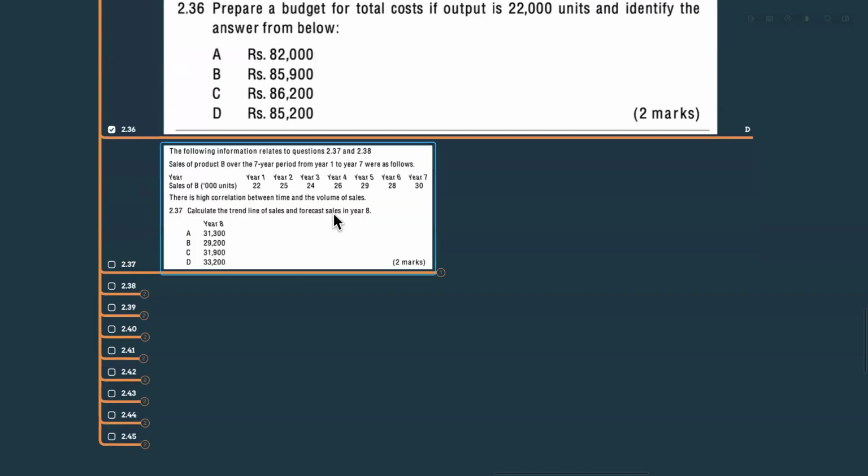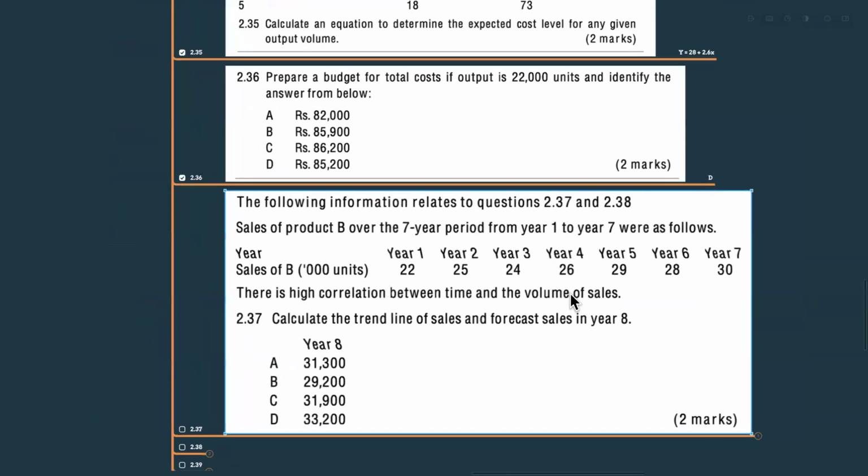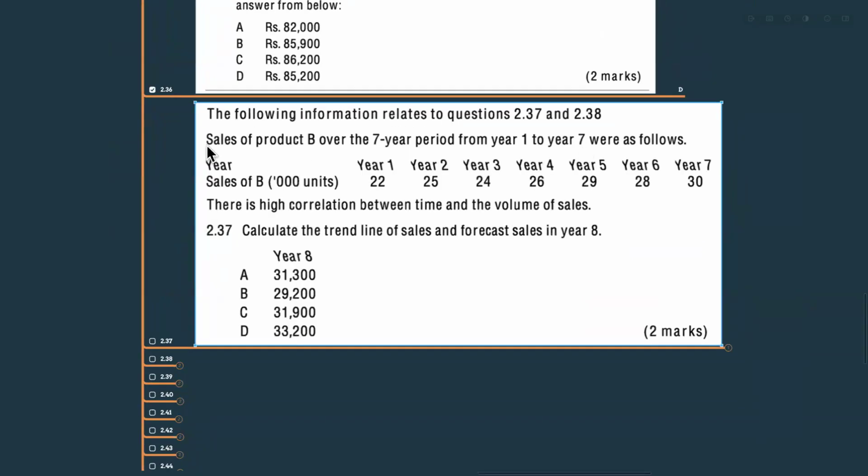Let's see, we can do this question also, which is related to that. 2.37: the following information relates to questions 2.37 and 2.38. Sales of product B over the 7-year period from year 1 to year 7 were as follows.